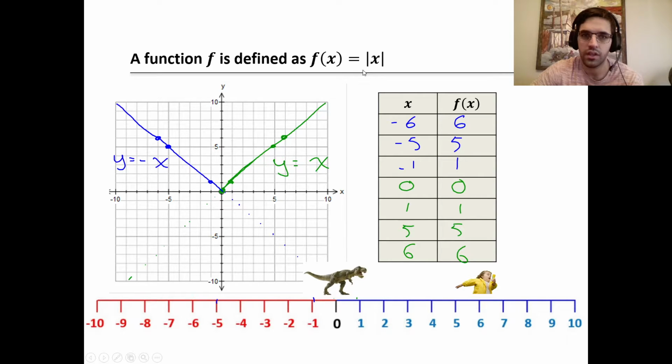We can put in any input for x, but the only outputs we can get are 0 and any positive number. You can't put a number in for x and take the absolute value of it and have a negative number come out, because absolute value means distance. You can't have a negative distance. So for our range, our y value is greater than or equal to 0.